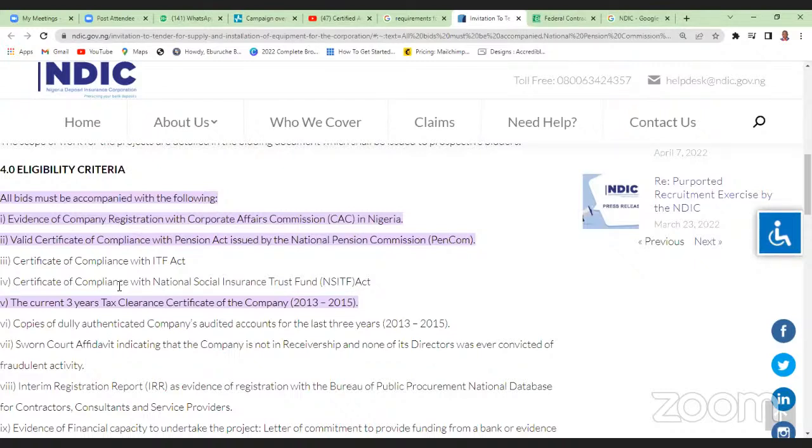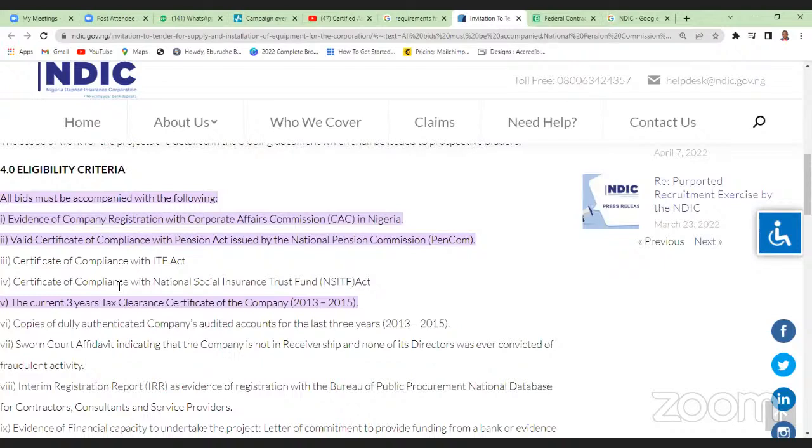Find the ones that are endorsed by government, endorsed by PENCOM, so that you don't give your money to the wrong people. You could go to your bank and ask if they have a PFA. If they don't, perhaps they will advise you on which one to go for, or you go to PENCOM itself. PENCOM will give you a list of all the accredited PFAs in Nigeria.